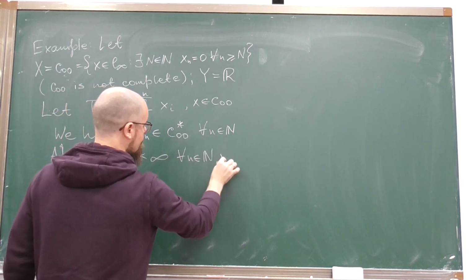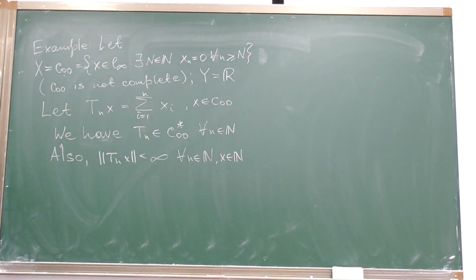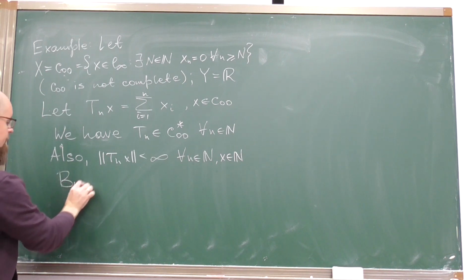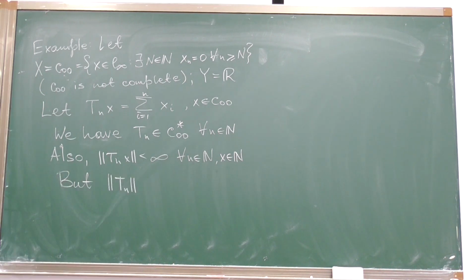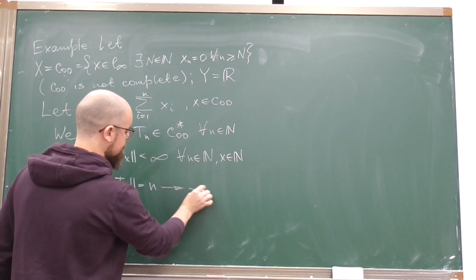Because any x from this space has only finitely many non-zero coordinates, it's bounded by the sum of those finitely many non-zero coordinates. But the norm of T_n is n, which tends to infinity.